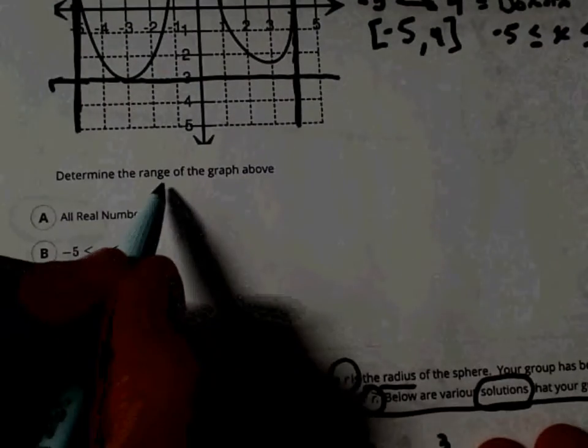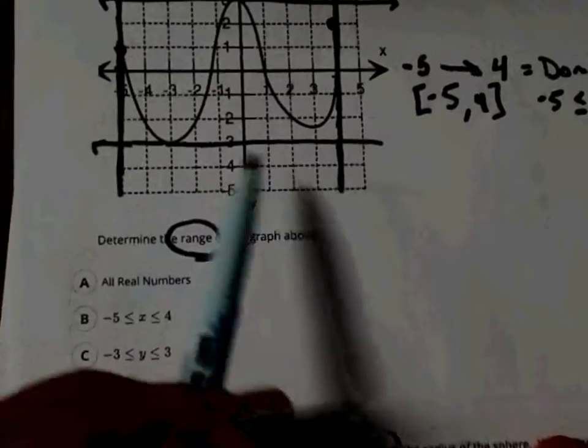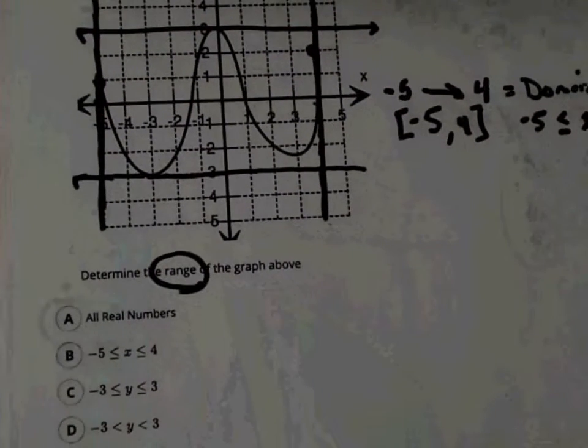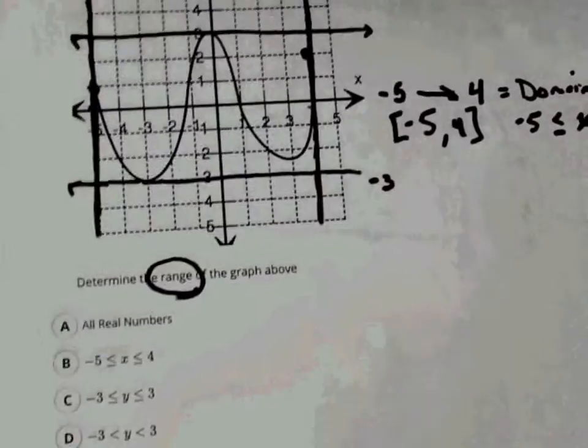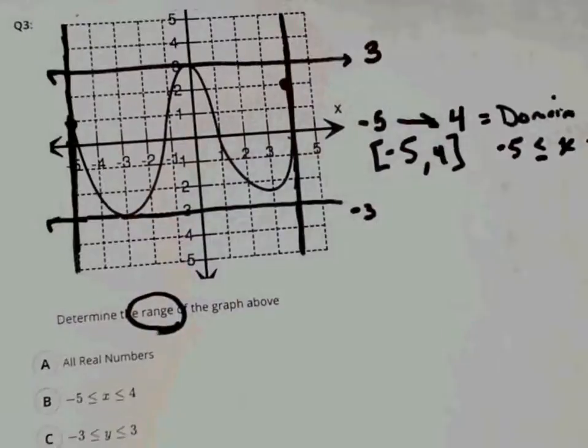Because the question asked for the range. Okay, so we don't look at that box. We're going to look at this box. So what's the lowest y it came to? -3. What's the highest y it went to? +3.